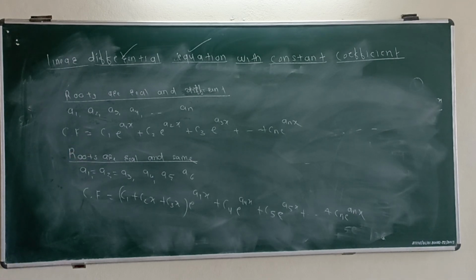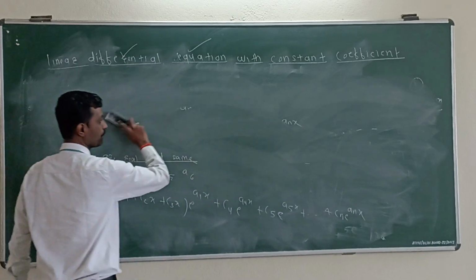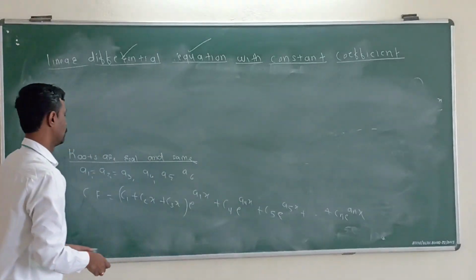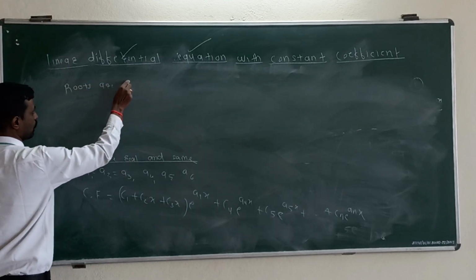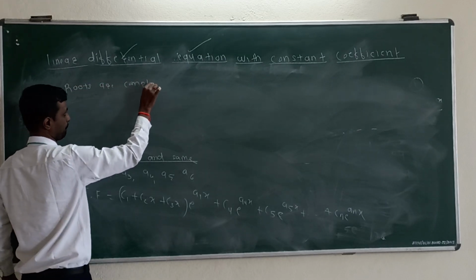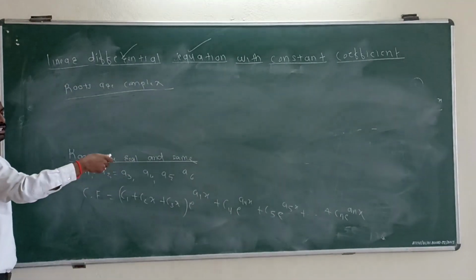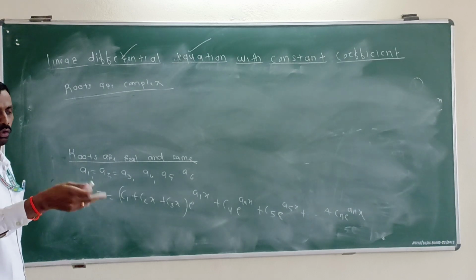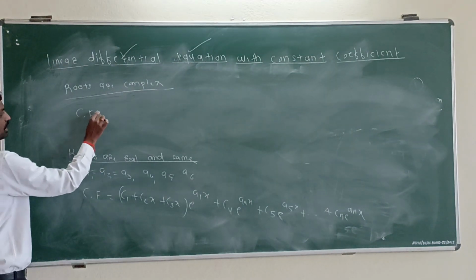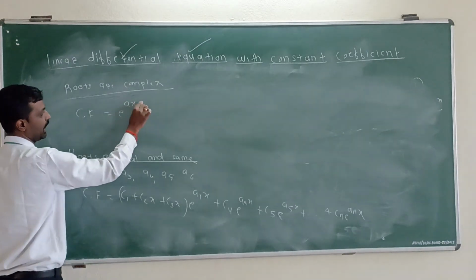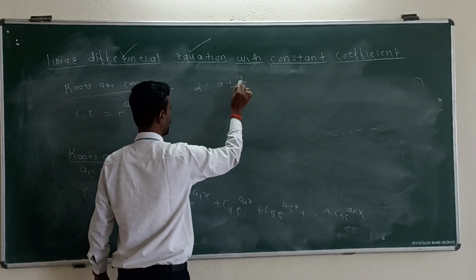Last, the roots are complex. Suppose two roots are complex and the remaining roots are real. Then its complementary function is e to the power ax, where the complex number is z equal to a plus minus ib.